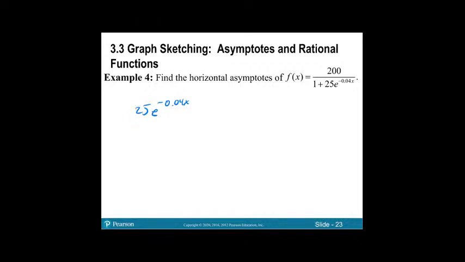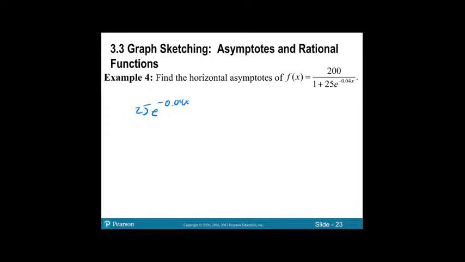What happens to this term? As x goes to positive infinity, the exponent, let me see, we're going to get 1 over, so that's going to go to 0. Looks like it's 200.